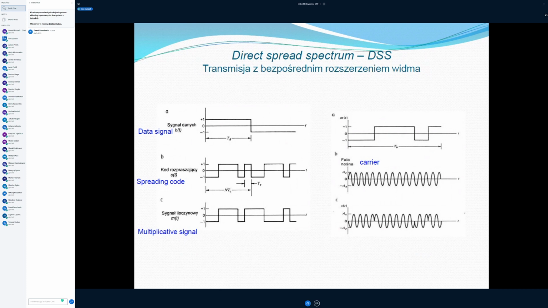In this case, when we have seven bits here, it would be generated by a polynomial of the degree equal to 3. And if we have a polynomial of the degree of 4, we would have 15 bits.